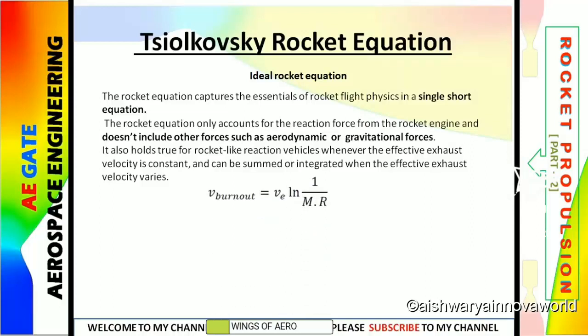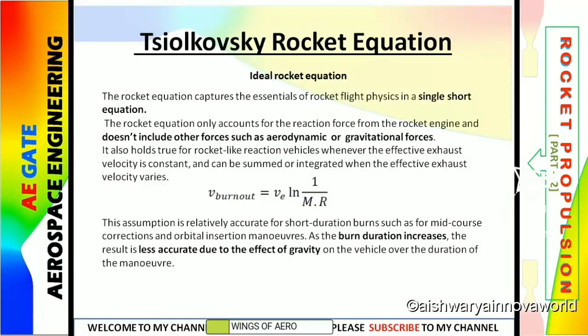This is the formula of the ideal rocket equation: V burnout equals the effective exhaust velocity times the logarithm of the inverse of the mass ratio. What is the mass ratio? It is the final mass by the initial or total mass.